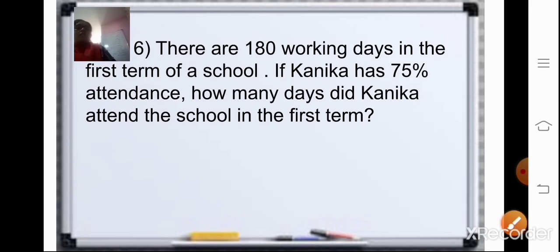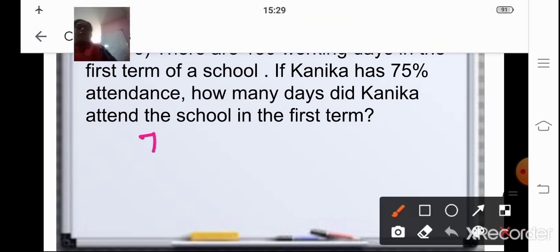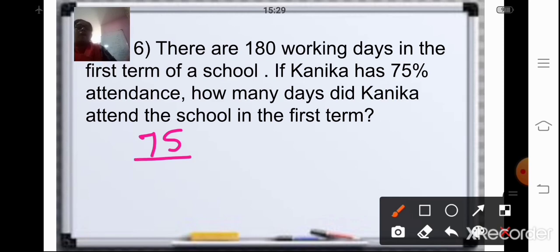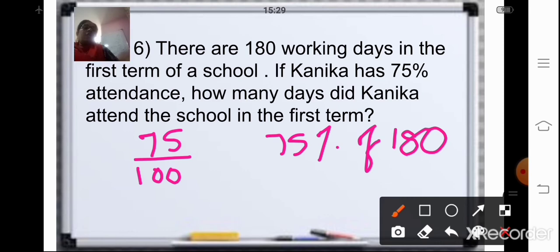We'll first write the fraction to find the percentage. That will be 75 upon 100. So we have to find the value of the number.